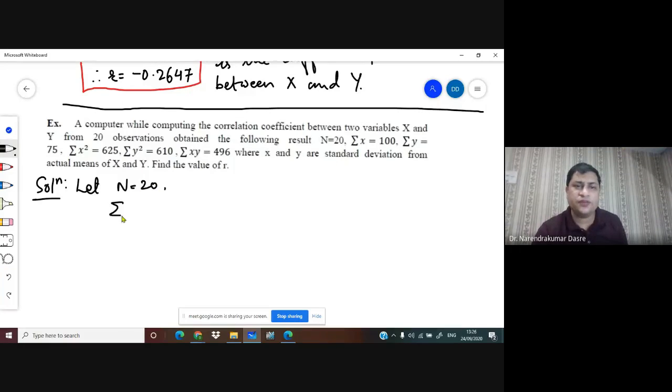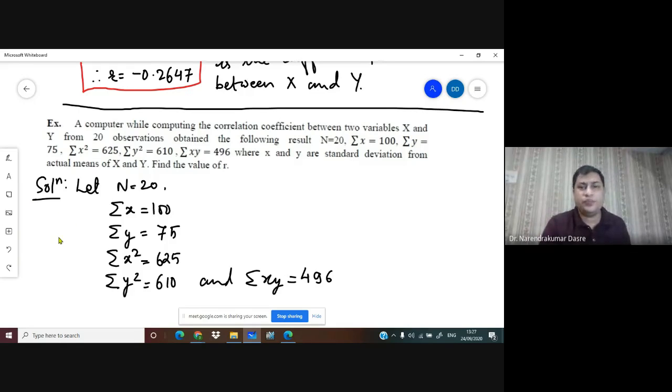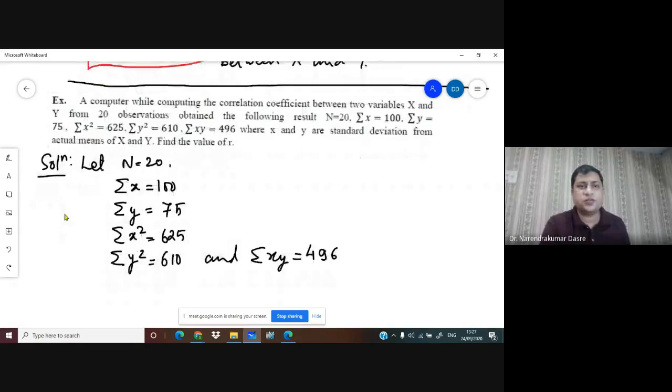Directly we have summation x equal to 100, summation y equal to 75, summation x square is 625, summation y square is 610, and summation xy is equal to 496. This is the given data, and it is already processed.